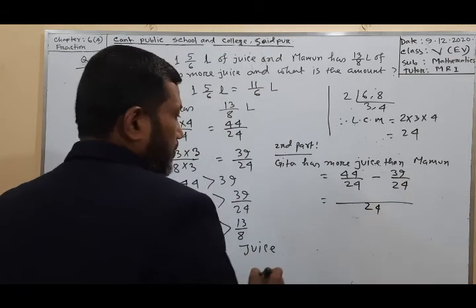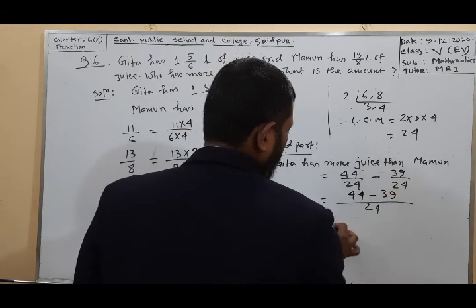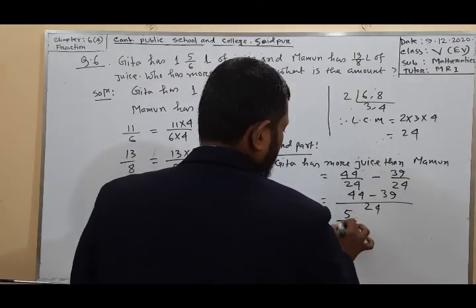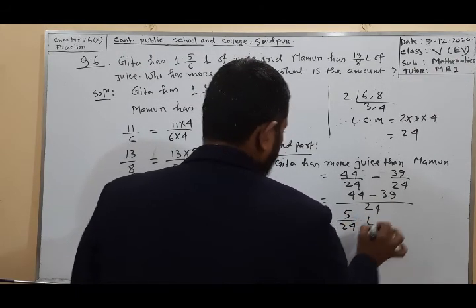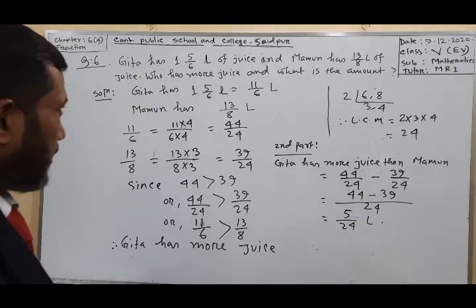You get 44 minus 39, which is 5 by 24 liter. This is the required answer.